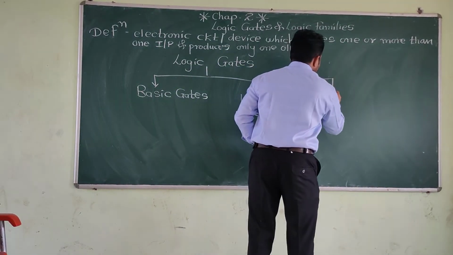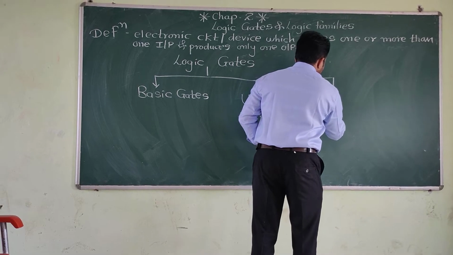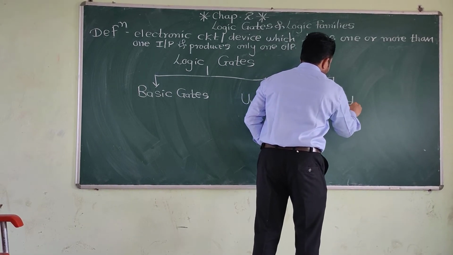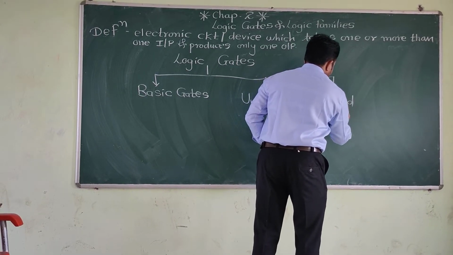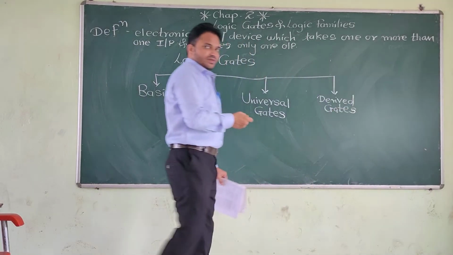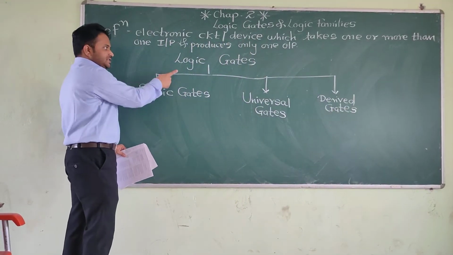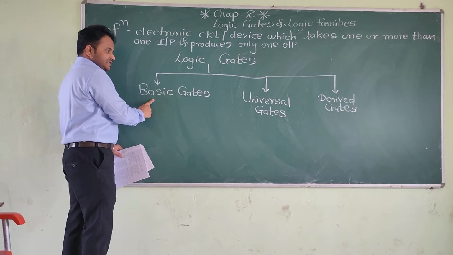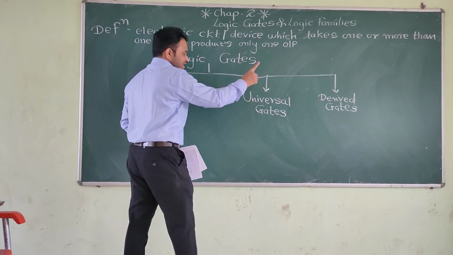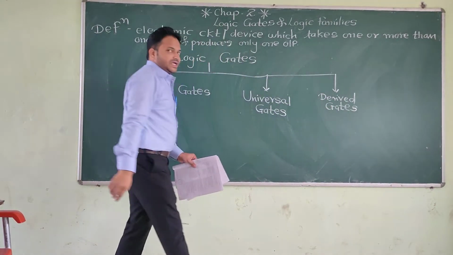And the third one is derived gates. These are the three main categories of logic gates. First is the basic gates, second one is the universal gates, and the third one is the derived gates.